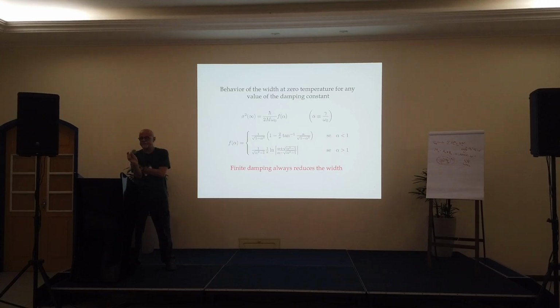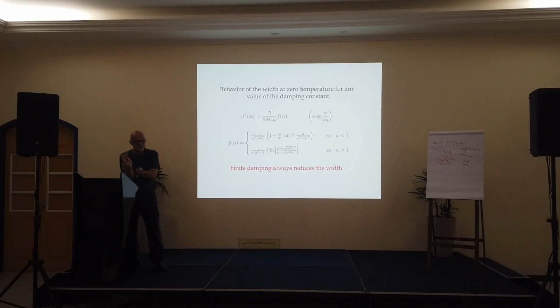And what's the meaning of that? The meaning is that it becomes more classical. Zero-point fluctuations in position are becoming narrower. So it's becoming more classical. As I have a damped system, it will tend to be more classical. That's the picture that we can draw from this result here.